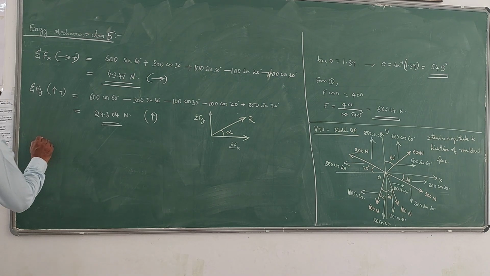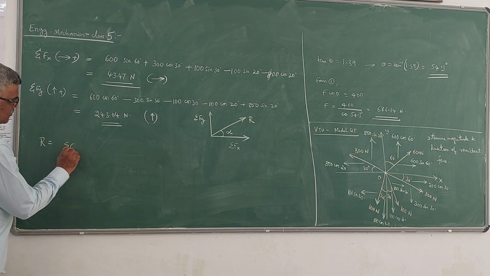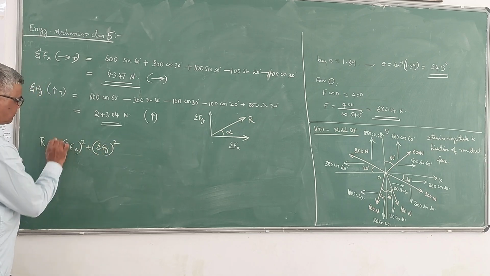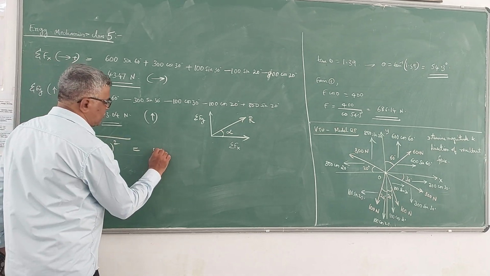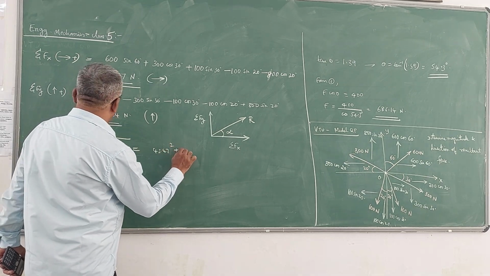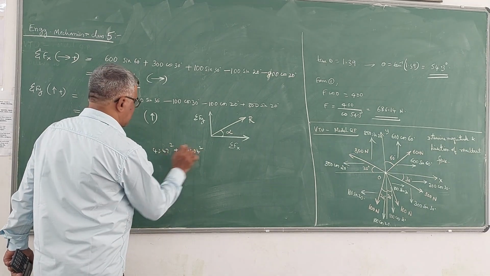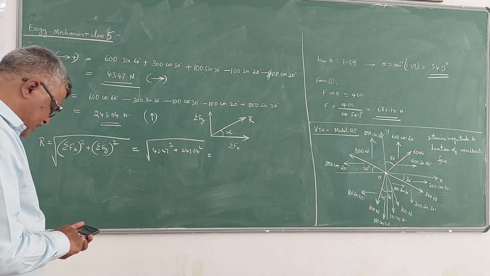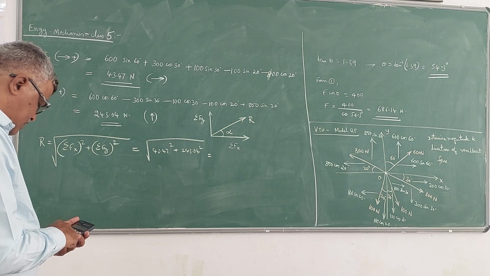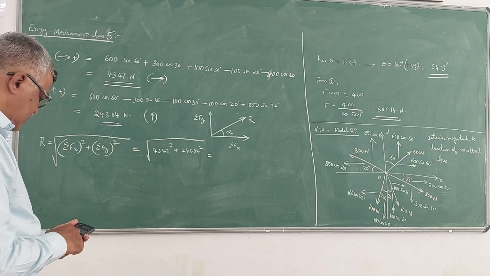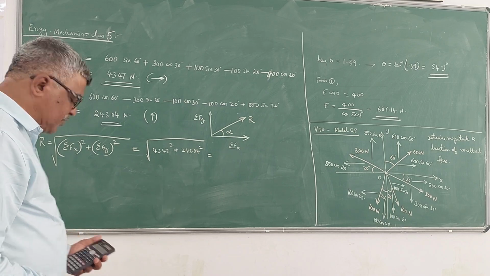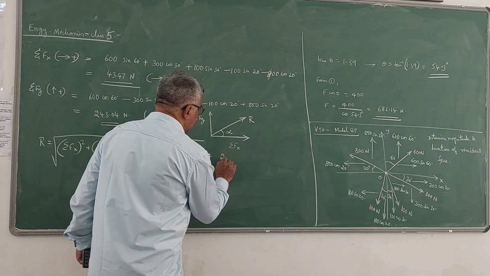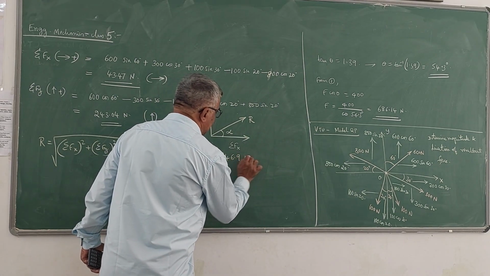Now let us find out R. Sigma fx square plus sigma fy square under root, that is 43.47 square plus 243.04 square under root. If you simplify that, you will get 246.9 newtons. That is the magnitude of resultant.